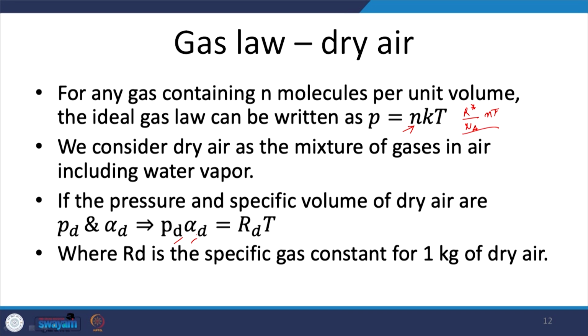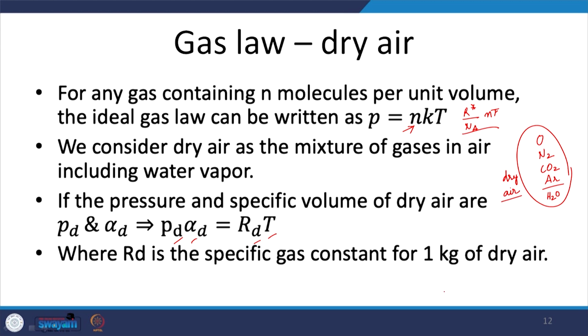Then we write the equation of state as Pd alpha d equals Rd T. See here, the suffix d indicates it is for dry air, so it is not for a single species gas, it is for a mixture of gases. Generally, we know the mixture of gases is oxygen, nitrogen, carbon dioxide, argon, right. So this is the combination that we know very well in the lower altitudes, up to let us say 10 kilometers or 5 kilometers, right. So this mixture of gases, excluding water vapor, is called dry air, fine.